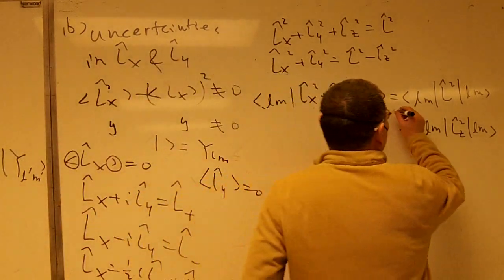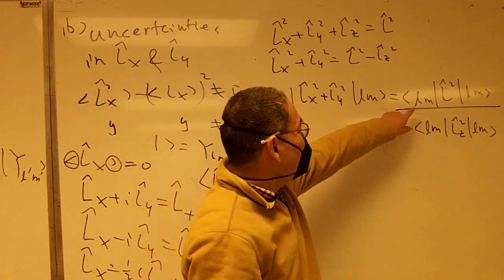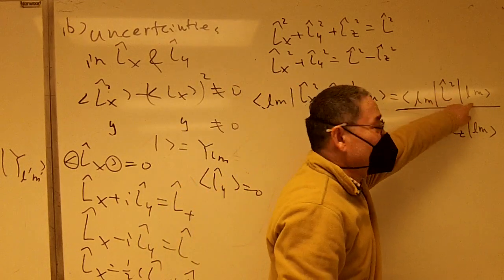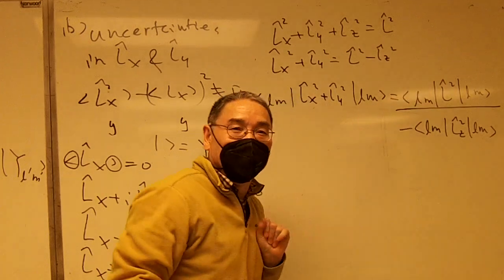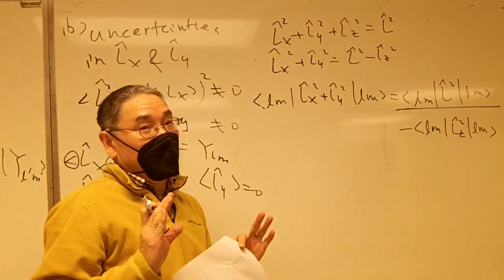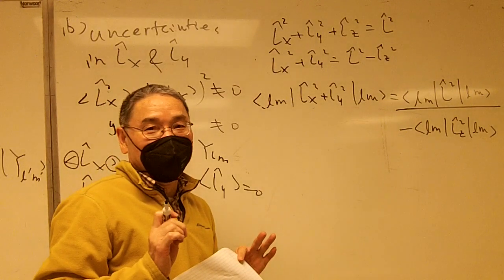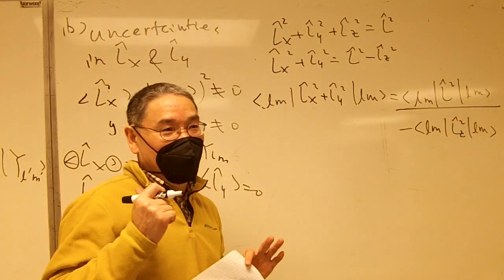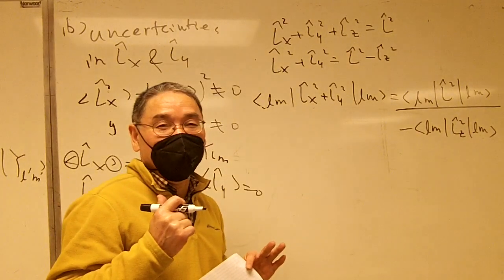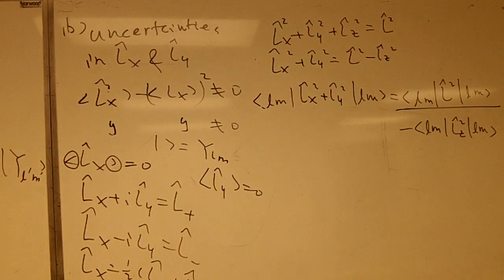So, folks, tell me what is the value of this here, Cody? Ln L squared Ln, what is this? The expectation value in the eigenstate of L squared. Look at the board, we have that on the board.